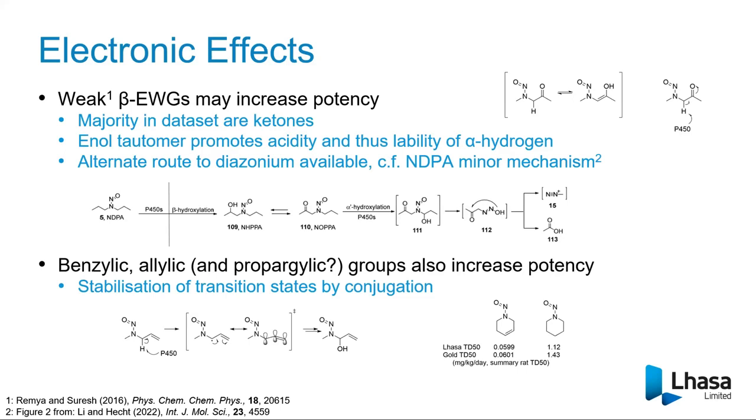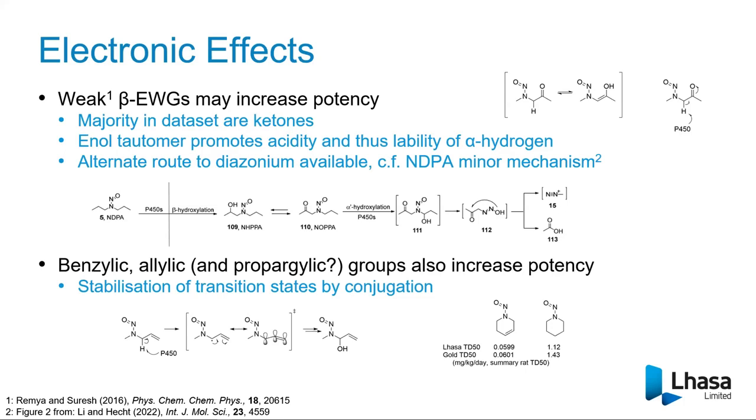At least for compounds derived from nitrosopropylamine, so NOPA in the middle, there is an alternate route to the diazonium available, which always forms the potent methyl diazonium, as described for the minor activation mechanism of nitrosodipropylamine here. But you don't just get conjugation with an electron withdrawing group. You can also get conjugation with an electronically neutral system.